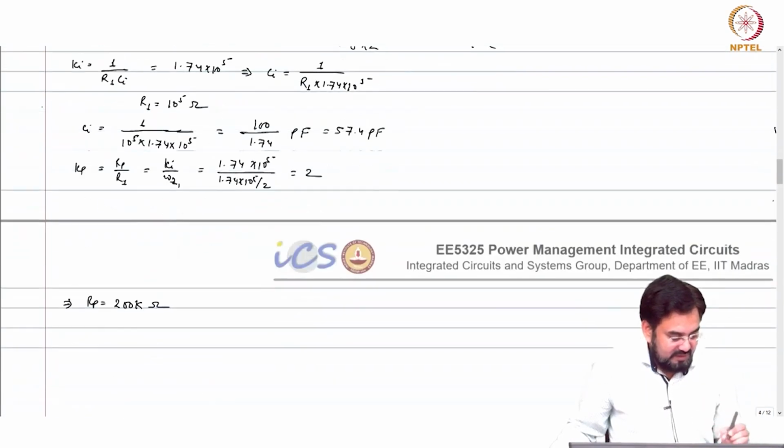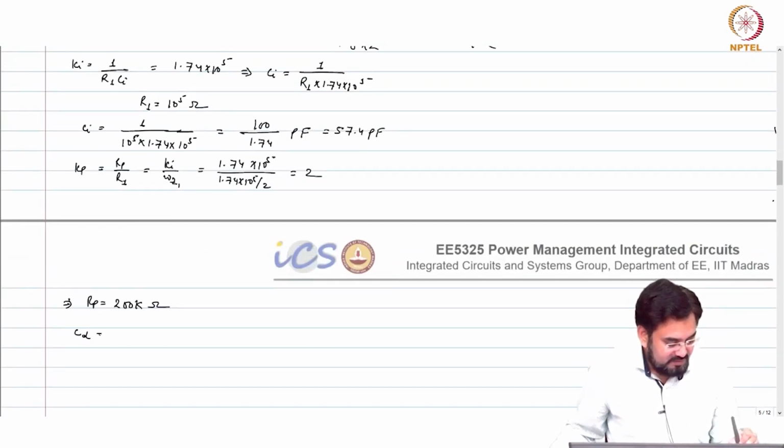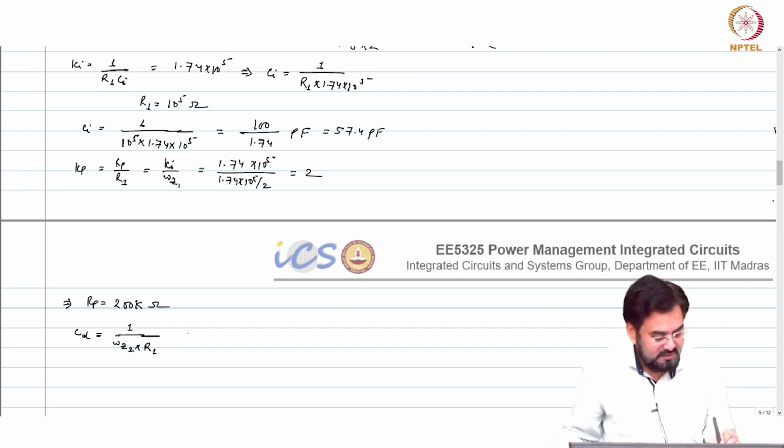So we have to calculate CD. CD equal to 1 over omega Z2 into R1.